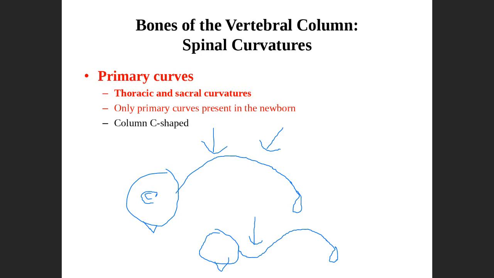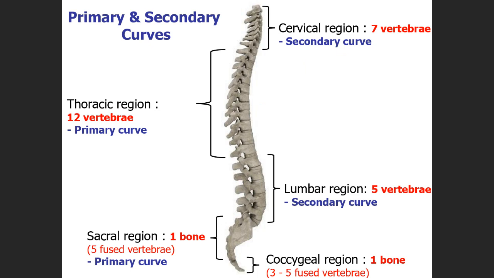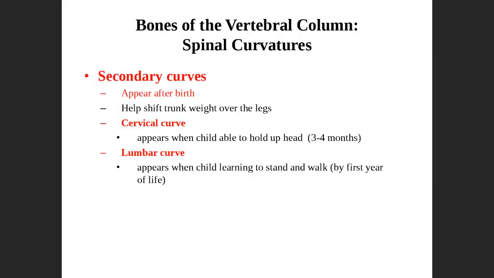What comes after sitting up? Standing, walking, right? That's when they develop the other curve in the lumbar spine. Here's the thoracic curve, here's the lumbar curve, back to the sacral curve. I know it looks awful, but this is them standing up. So when we undergo certain milestones, raising the head up, that's when you get your cervical curve, that anterior curvature.